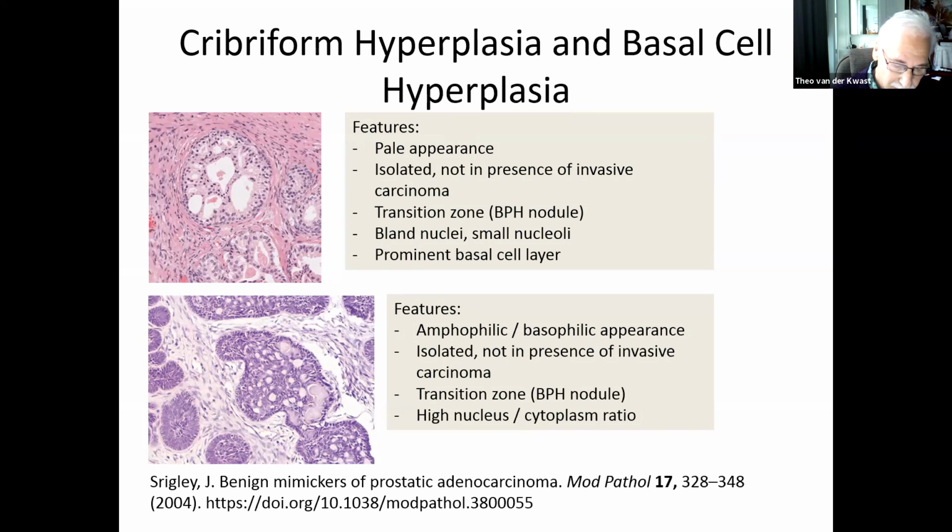Below you see an example of florid basal cell hyperplasia, and to be honest, I picked this picture from Dr. Strictly's excellent review on benign mimickers of prostatic adenocarcinomas. Basal cell hyperplasia has the typical basophilic appearance due to the high nucleus to cytoplasm ratio and can be seen particularly in the context of a BPH nodule.